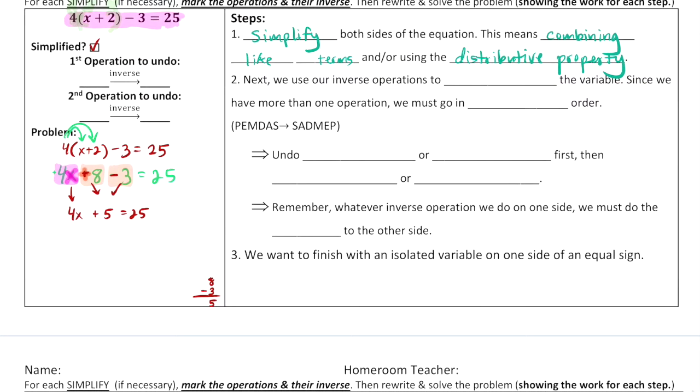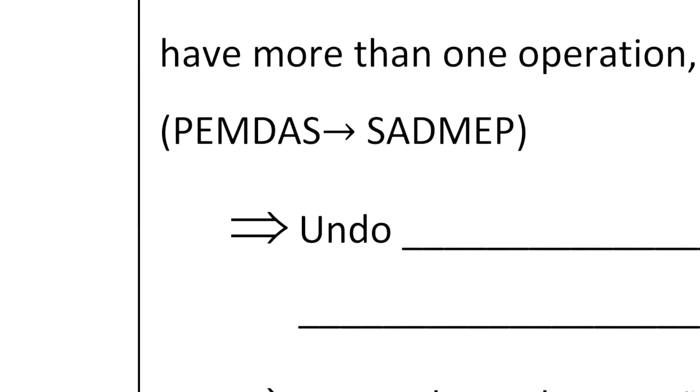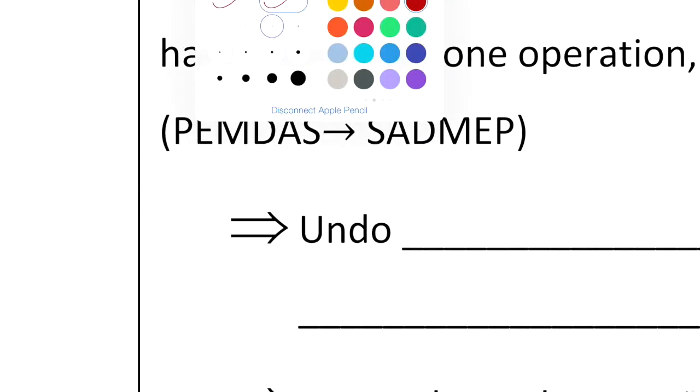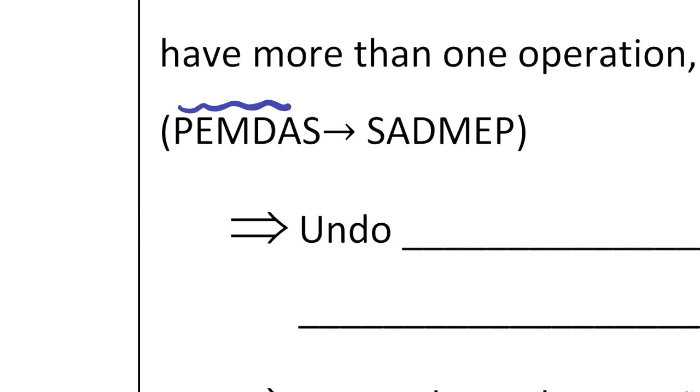Next we use our inverse operations to solve or isolate the variable. Since we have more than one operation, we must go in reverse order. You guys are very familiar with PEMDAS, but we only use PEMDAS when we are trying to simplify.